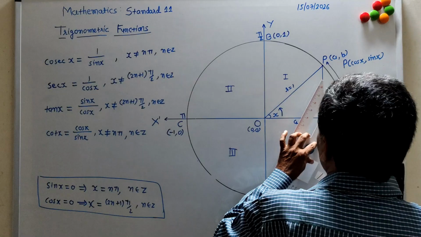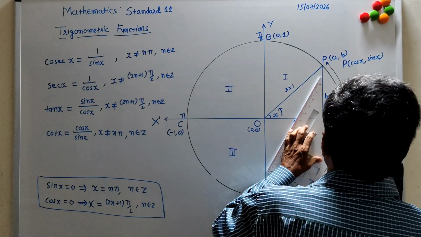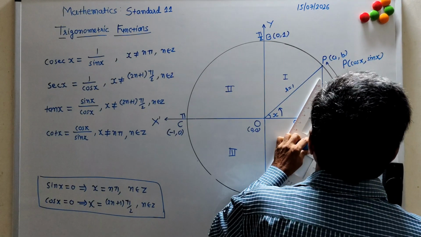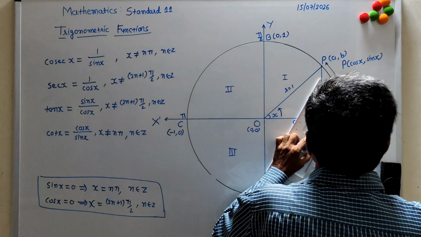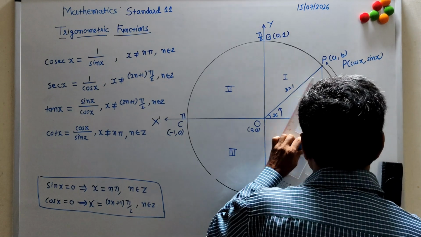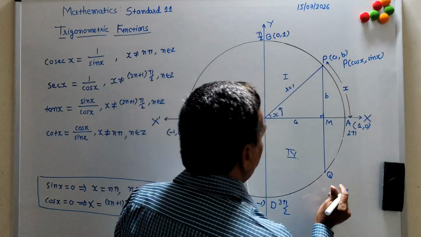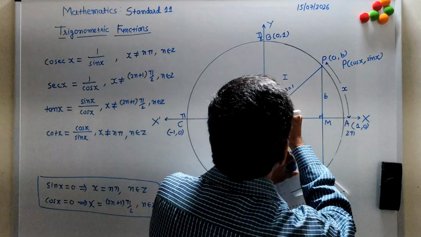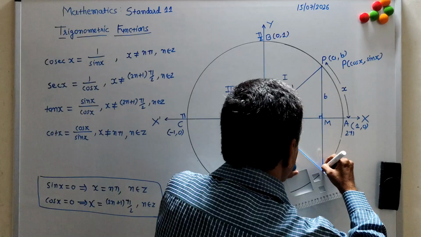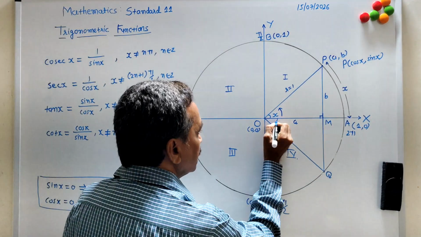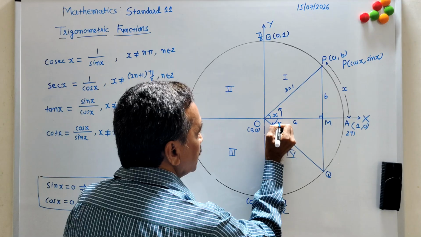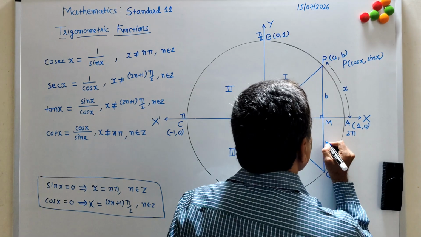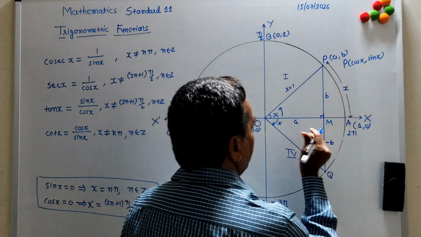Now here is point Q. This angle is x, so this is minus b, a is here.